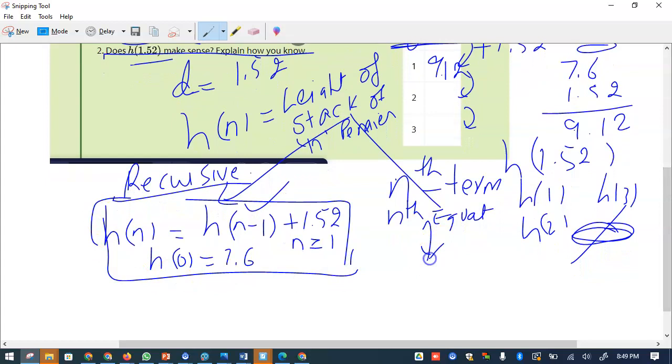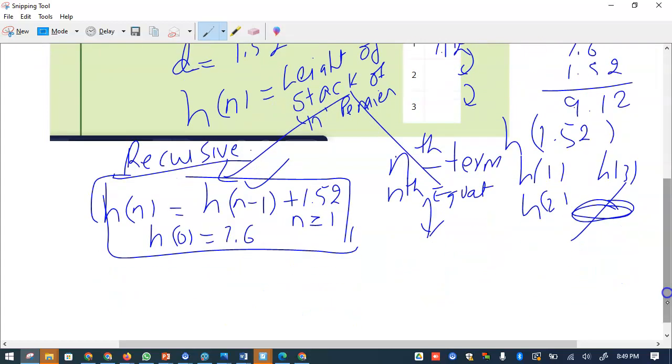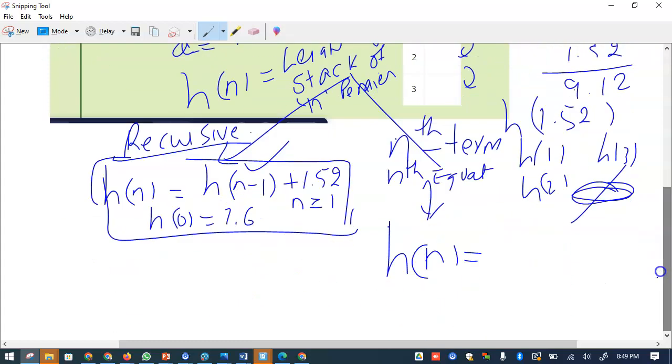And to find the nth term, because it starts with 0, your formula changes. So h of n is, the first one is 7.6, and then you're multiplying 1.5 to n minus 1.